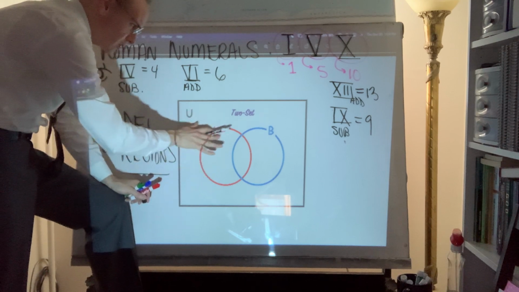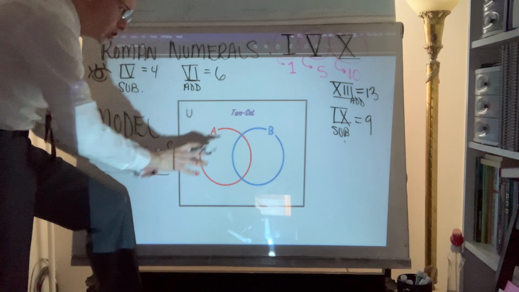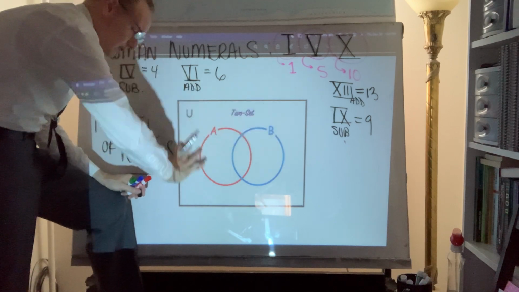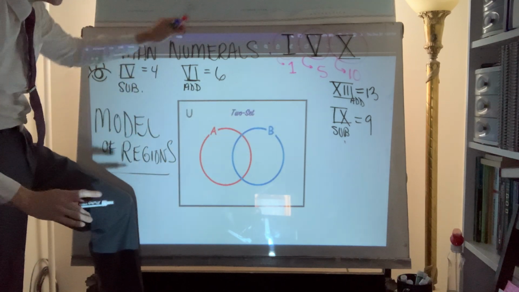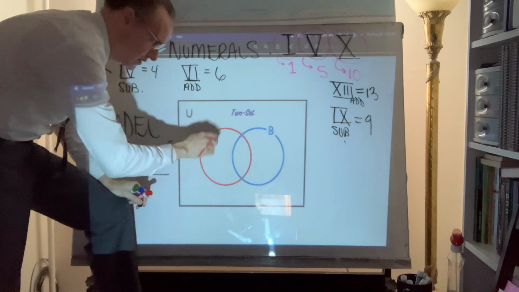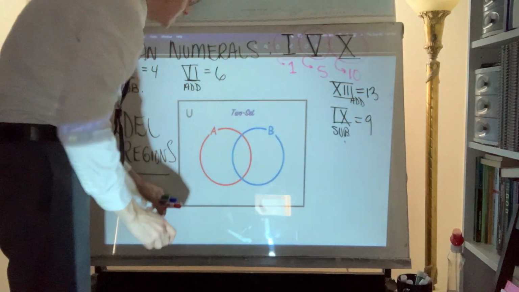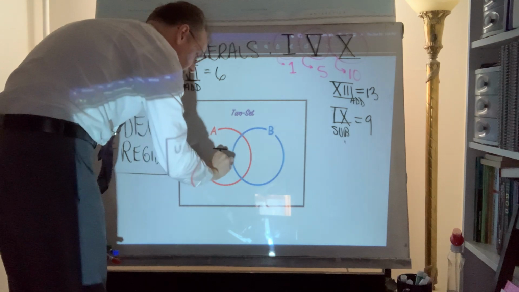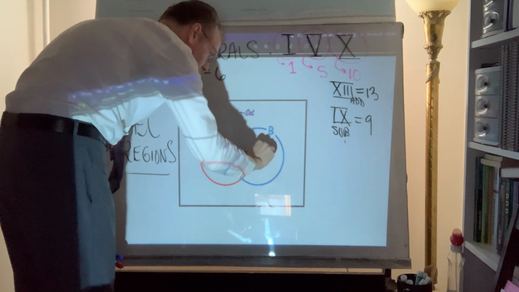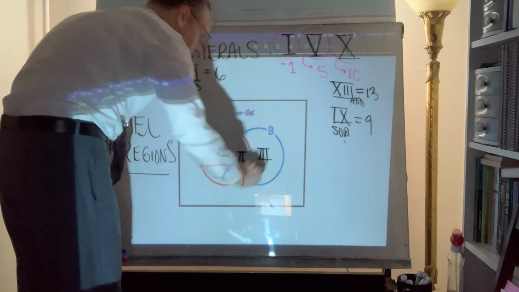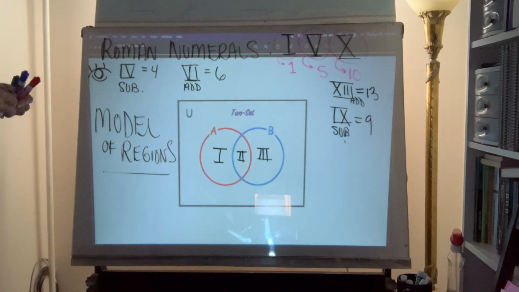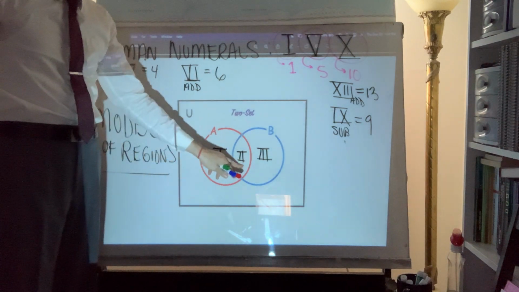So we use capital letters to distinguish the various parts of a Venn diagram, and then we use Roman numerals to designate the individual regions within a Venn diagram. The way you would want to chop this up would be as follows: 1, 2, and 3. Roman numeral 1, Roman numeral 2, Roman numeral 3.